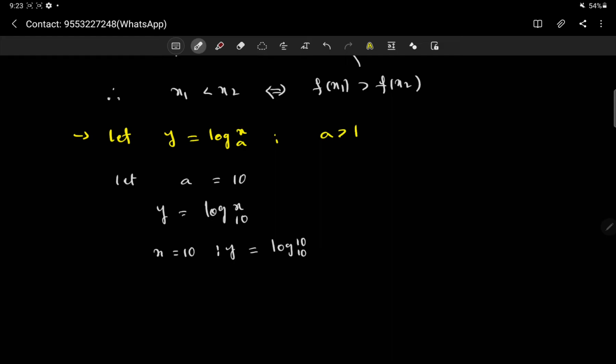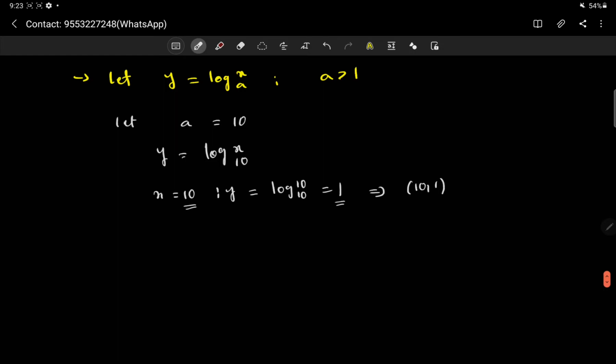Why in place of x I am applying 10 here? Log 10 base 10 value is 1. So therefore on taking 10 as x value, we are getting y value as 1. So 10 comma 1 is a point on the curve, right? Next, x is equal to 100 you take.